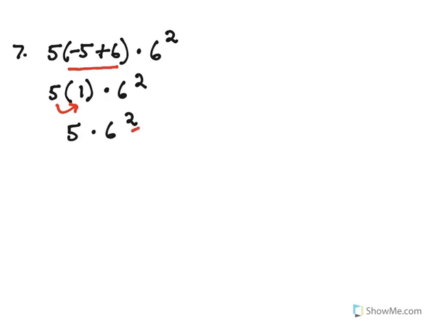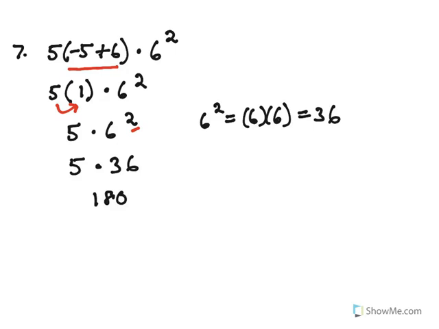All right, so remember, as a footnote, 6 squared equals 6 times 6, which we all know is 36. All right? And 5 times 36, I believe that's 180.